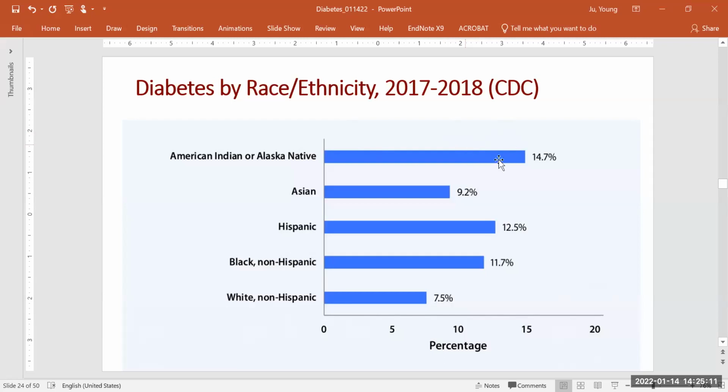So as you can see, 14.7% are American Indians and Alaskan Natives, 12.5% are Hispanic, 11.7% are non-Hispanic Blacks, 9.2% are Asian Americans, and then 7.5% are non-Hispanic whites. However, no genetic predisposition has been known so far.